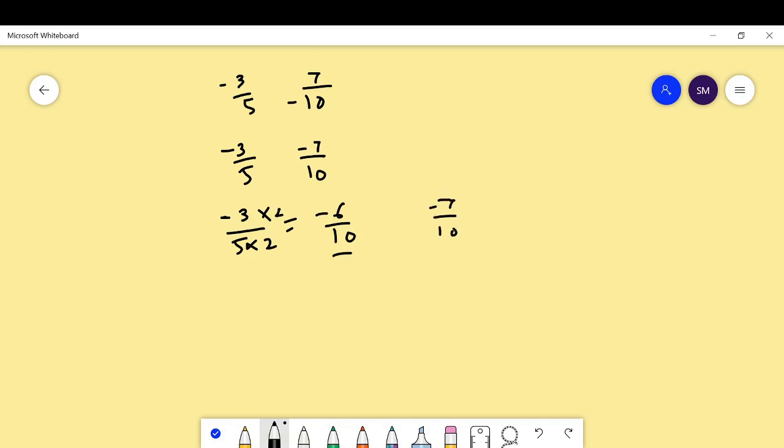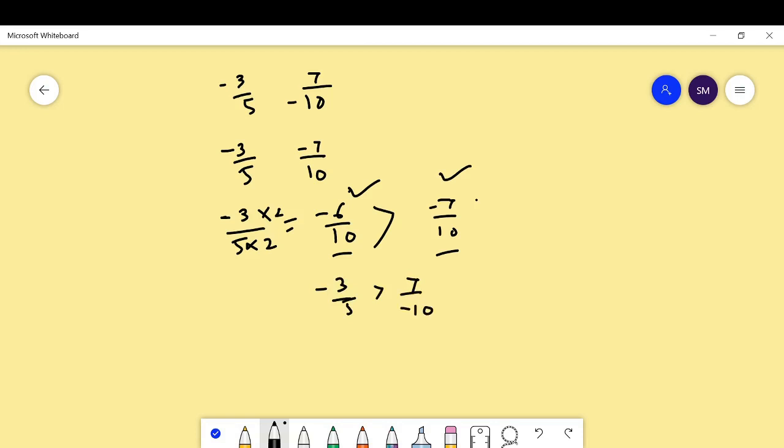Then they both have the same denominator, so we can compare them by comparing the numerators. Here the numerator is minus 6, here the numerator is minus 7. Minus 6 is greater than minus 7. This means minus 6 upon 10 is greater than minus 7 upon 10. This means minus 3 by 5 is greater than 7 upon minus 10.